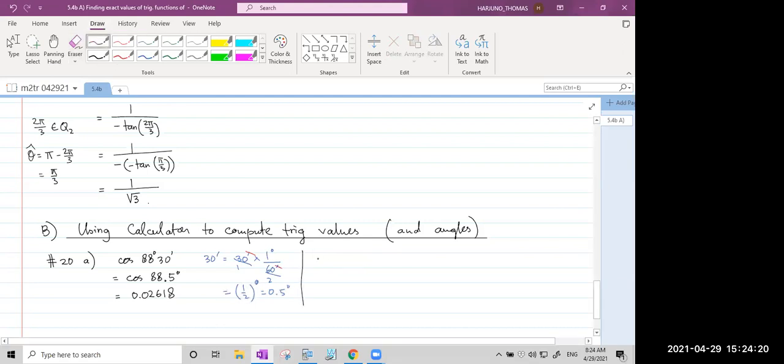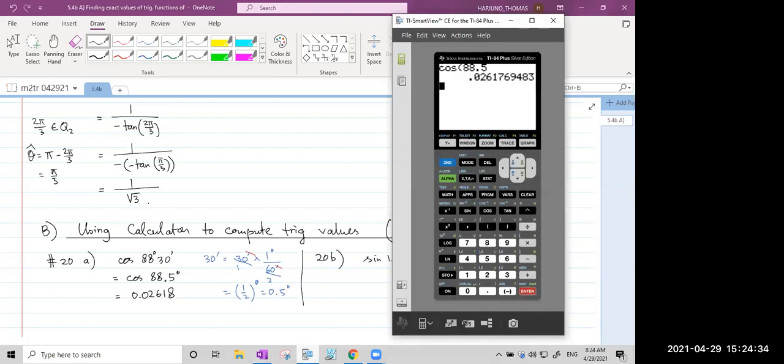Number 20B, we have sine of 1.48. Because it has no degree sign, it must be in radian. So change the mode into radian.